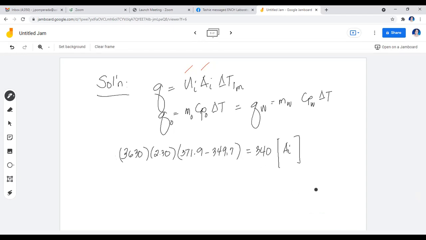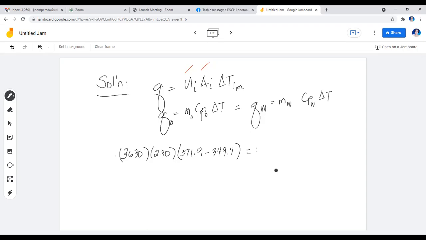So we can go straight to the AI. In that case, we'll be needing it. Just like the Q of the oil being equal to the Q of the water, as I mentioned a while ago, you can get the T sub 1 of the water in here.